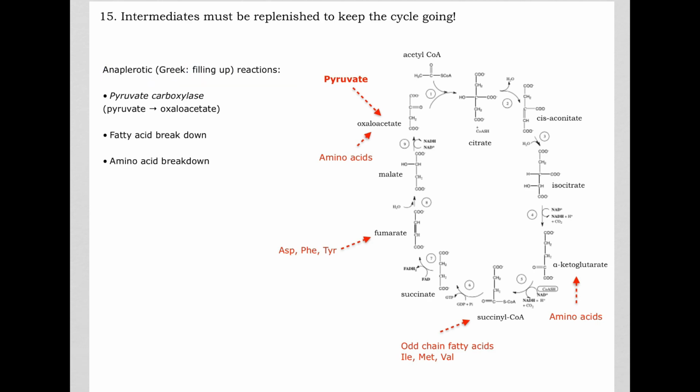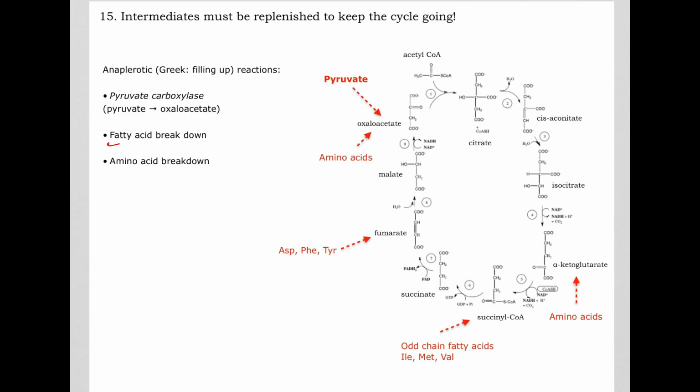Probably the most important anaplerotic reaction is this one here, where pyruvate can be converted into this very important intermediate oxaloacetate. And this is catalyzed by an enzyme, pyruvate carboxylase, that we'll talk about in a future video.